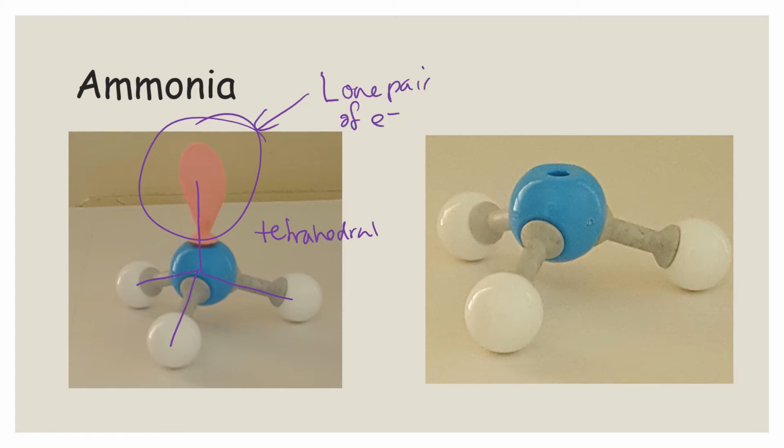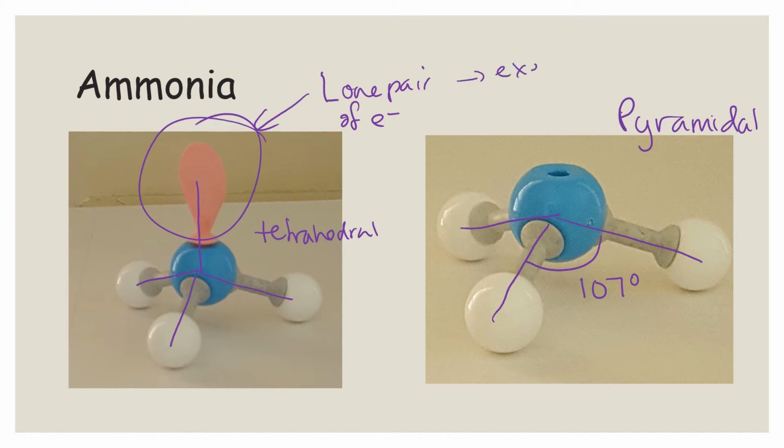So we describe the geometry of where the atoms are, and you can see here that the geometry is pyramidal. The bond angle in this case is 107 degrees. You'll notice it's slightly less than for tetrahedral, and that's because the lone pair of electrons exerts a stronger repulsion than the bonding pairs.